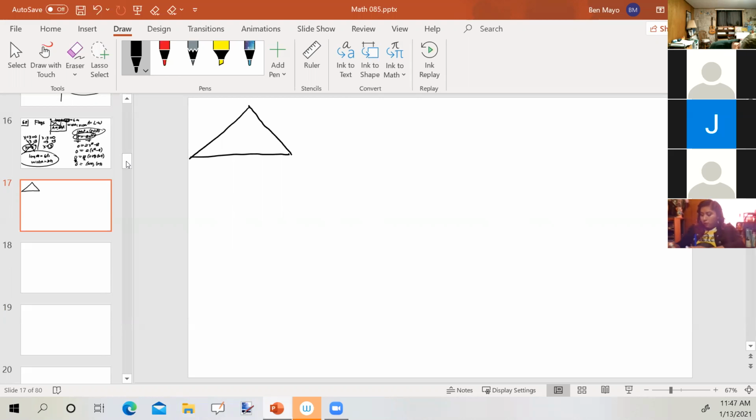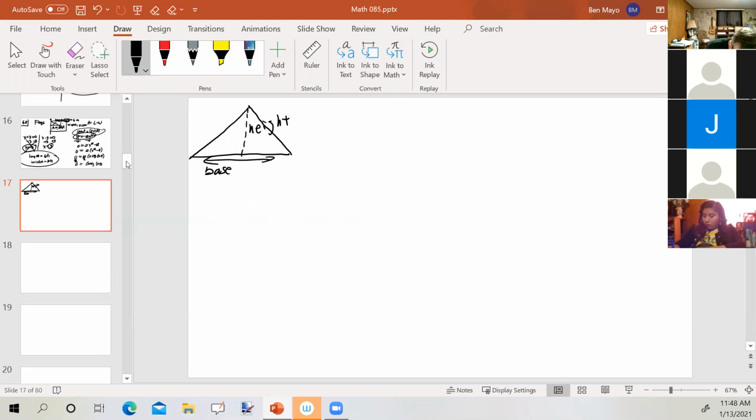For a triangle, this distance would be the height, and the base down here is this distance, which could also be called the length. It says the height is 1 centimeter less than the length of its base.